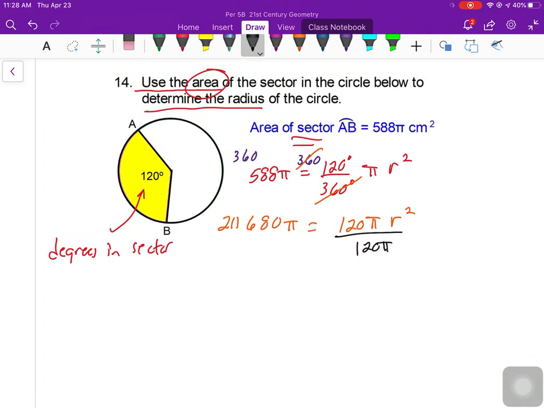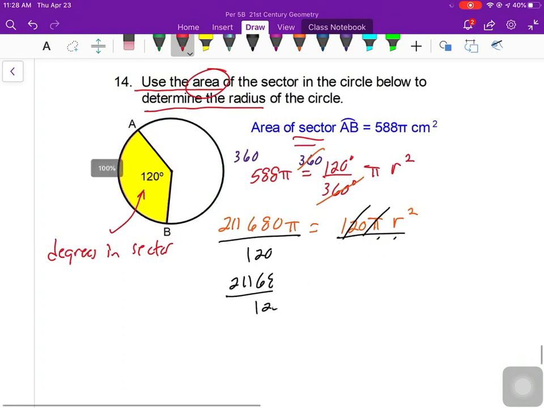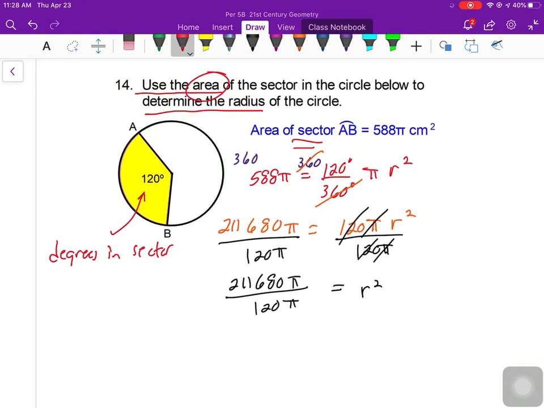To solve that, we'll divide both sides by the 120 pi. On this right side, you can see that everything now has canceled except r squared. And this is what we have on the left side. The pi's will cancel.